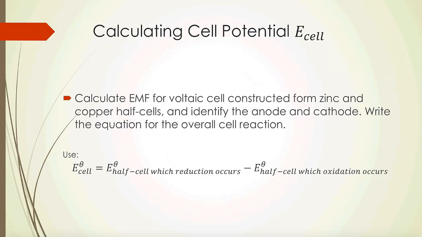Anode is where the oxidation occurs. So in the zinc and copper half cells, look at table 24 in your IB Data Booklet. Look at the standard electrode potentials of copper and zinc, or just a couple slides ago we talked about the standard electrode potentials of copper and zinc, and calculate the cell potential.